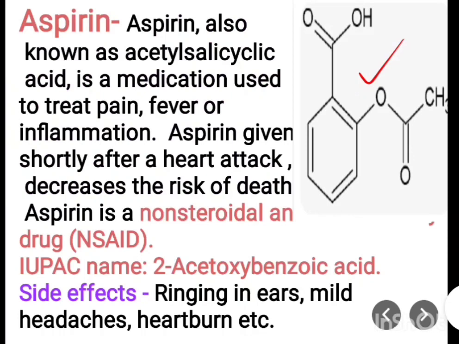So as we get the idea, ibuprofen and aspirin both have some good effects as well as some side effects. So without a doctor's prescription, without the doctor telling us what we have to do, we do not use anything. Okay, we have to first consult with our doctors, then learn what the doctors tell about a particular disease.